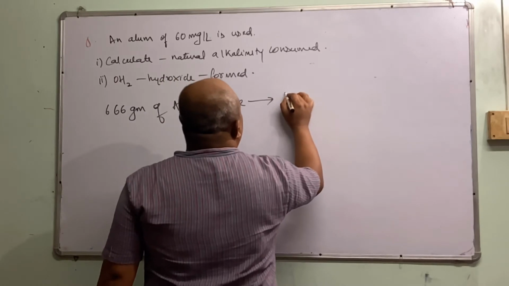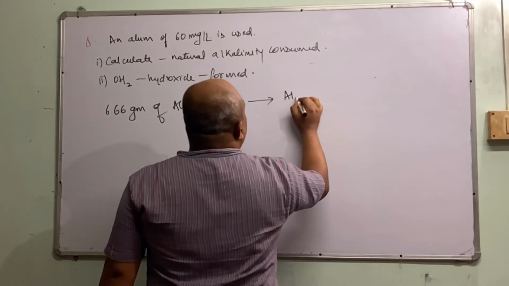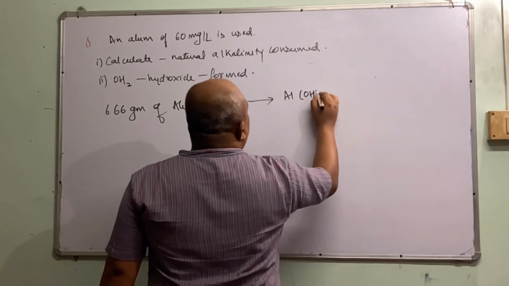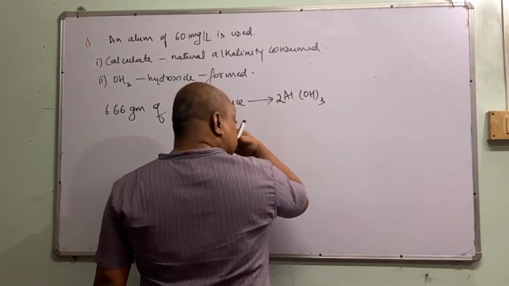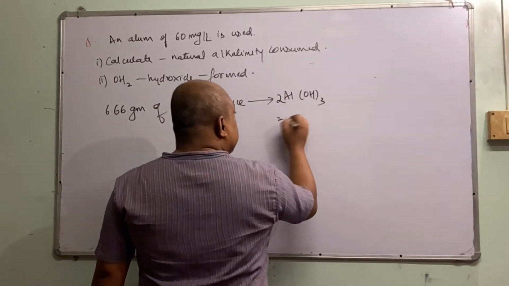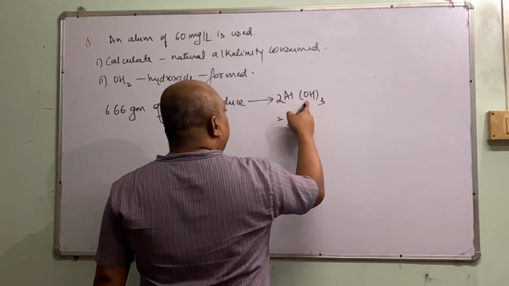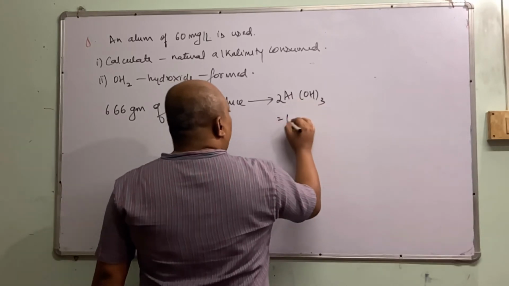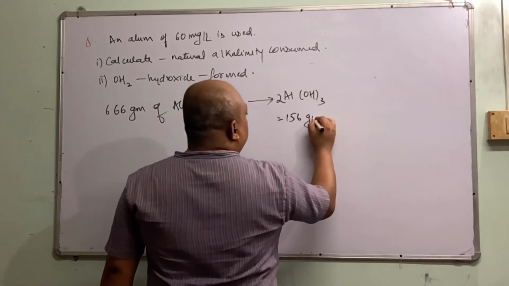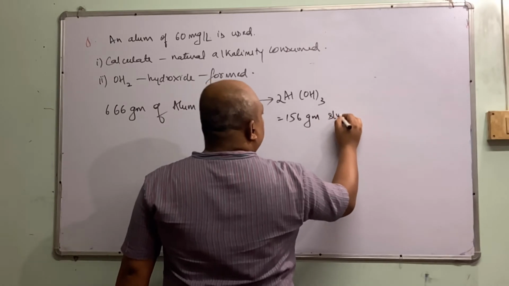I said it is Al(OH)3, right? So this is around 156 gram sludge.